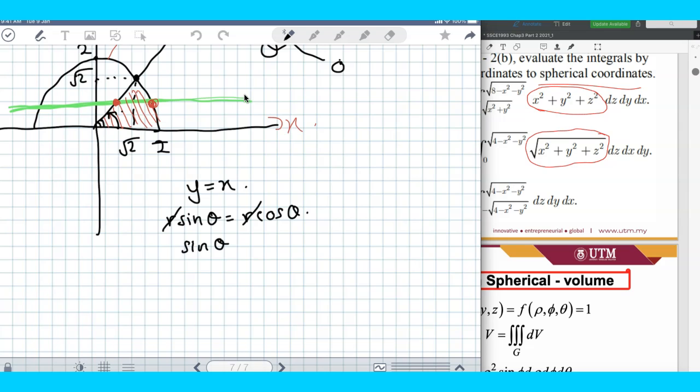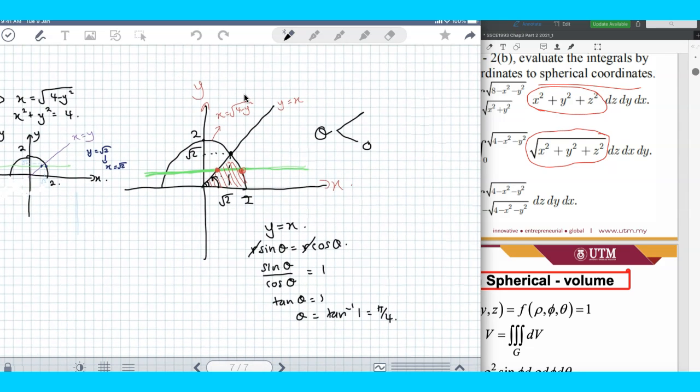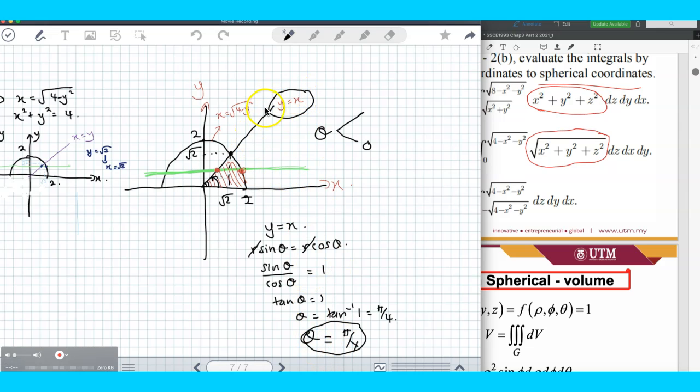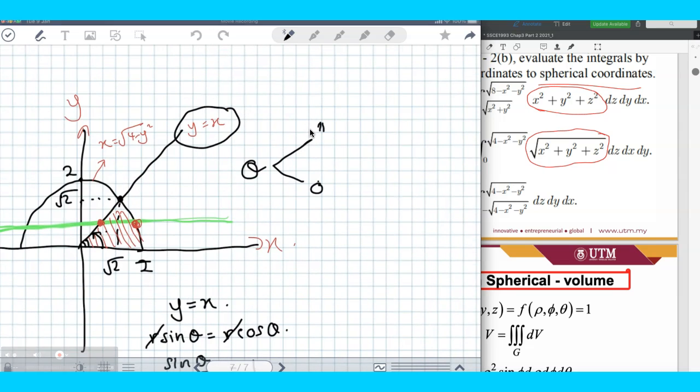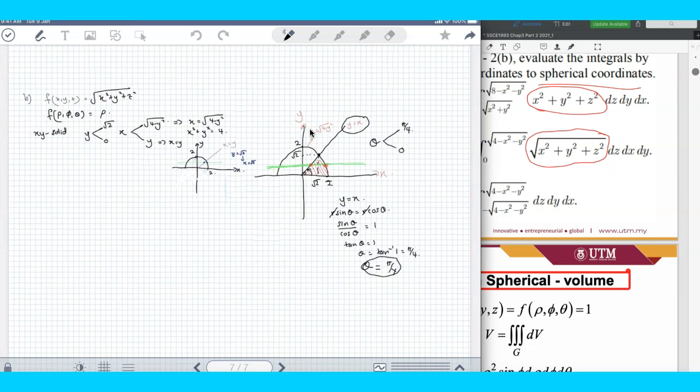Sine theta over cos theta is 1, so tangent theta is 1. Theta is inverse tangent of 1, which gives pi over 4, 45 degrees. So y equals x and theta equals pi over 4 are actually the same curve, but in different coordinate systems, one in Cartesian and one in polar. Now we can see that the limit of theta is 0 to pi over 4. So we're done for theta.